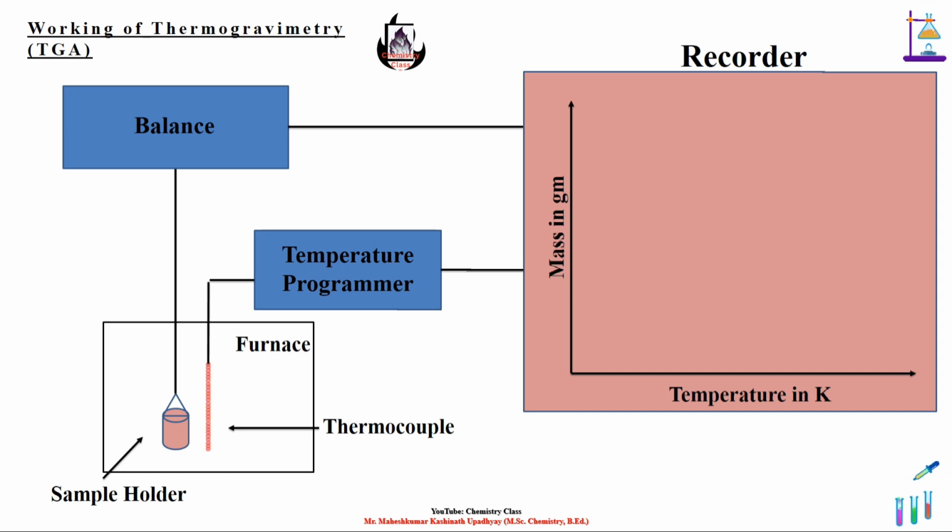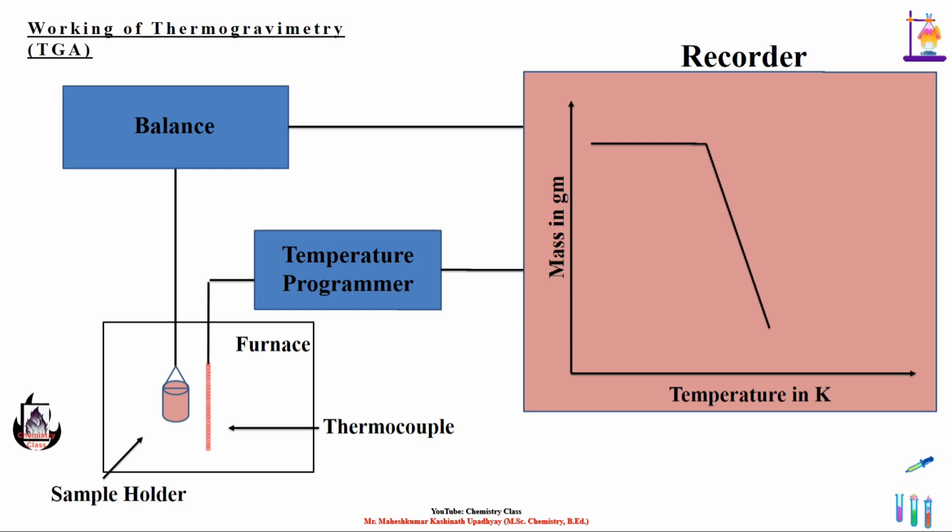As the temperature rises at a controlled rate, the balance continuously records any weight loss or gain. A thermocouple measures temperature and a computer plots a graph of mass versus temperature called a thermogram. A flat line shows stability while a downward curve shows decomposition or loss of volatile components.